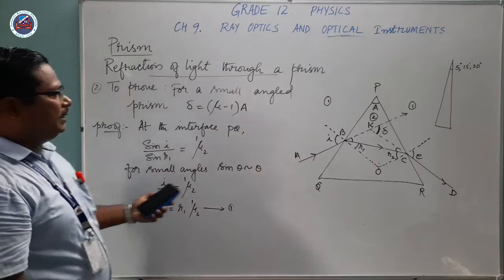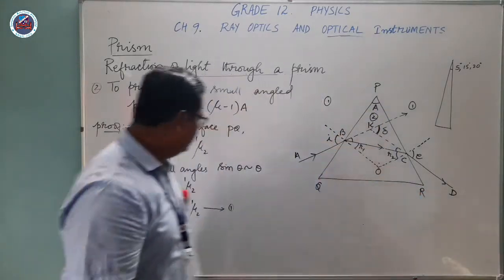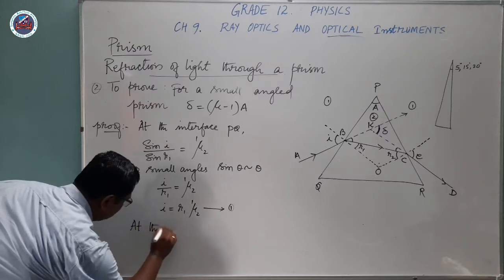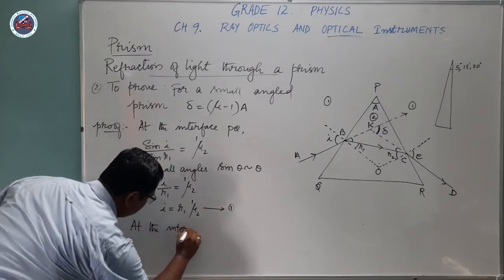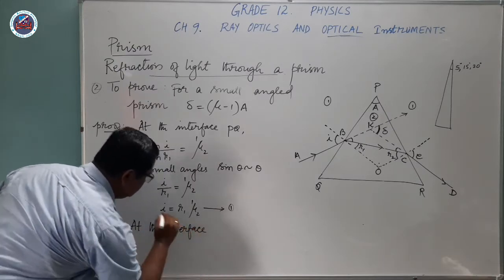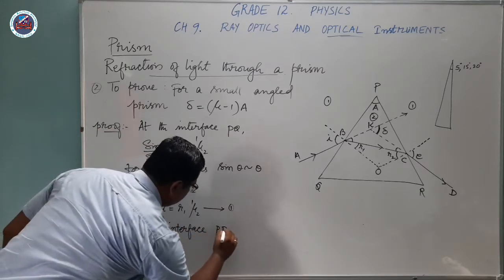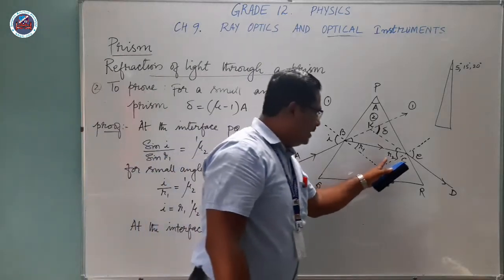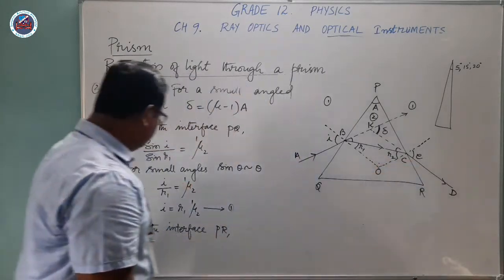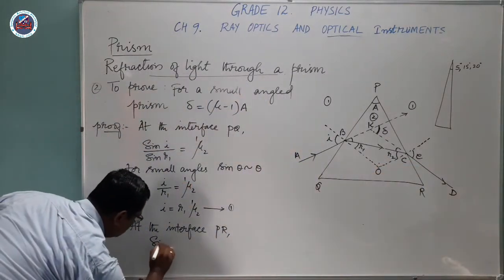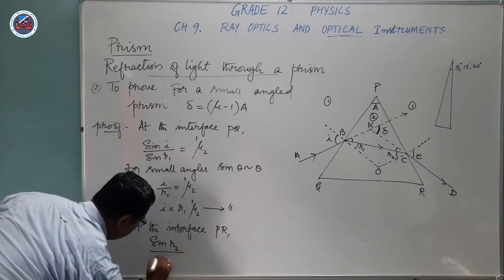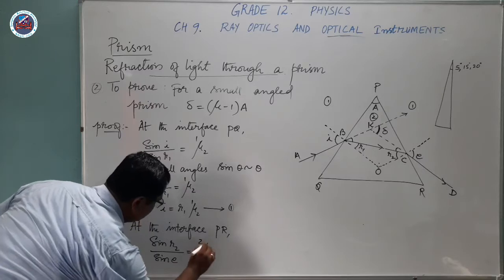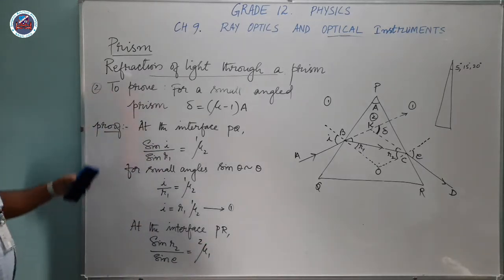Now at the interface PR, again by using Snell's law, sin R2 by sin E will be refractive index of first medium with respect to second.